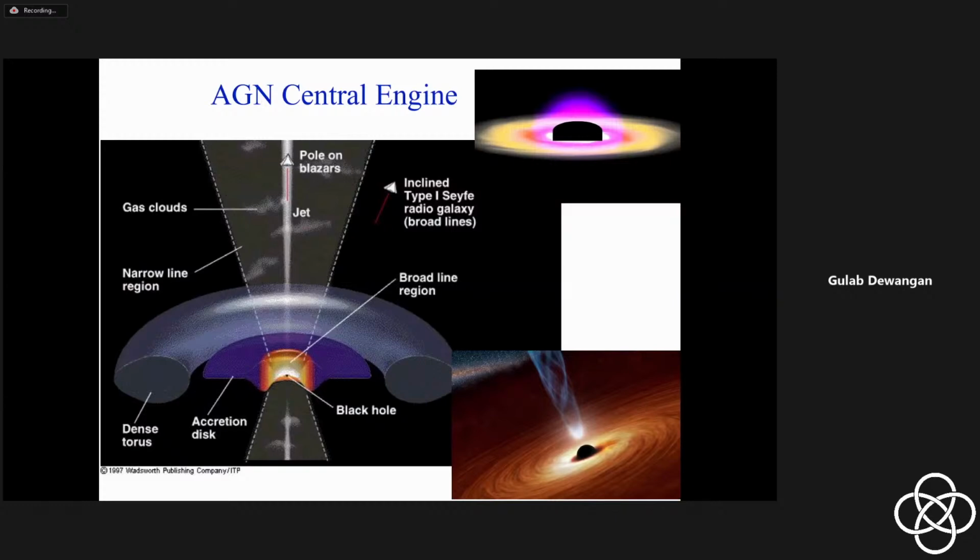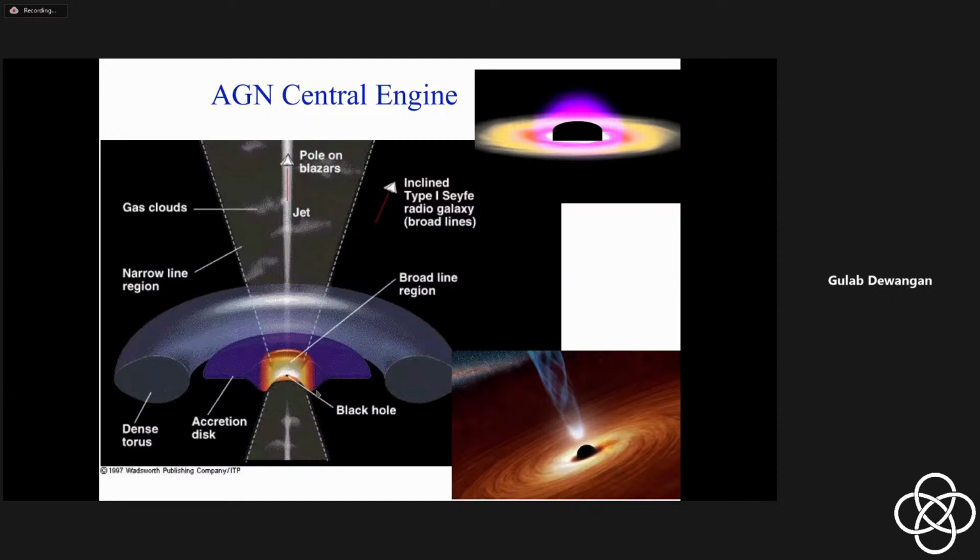We cannot specifically resolve them, and therefore we do not know the exact structure of these components. But from observations, what has been deduced is shown in this view graph, and there is a lot of uncertainty about the structure.